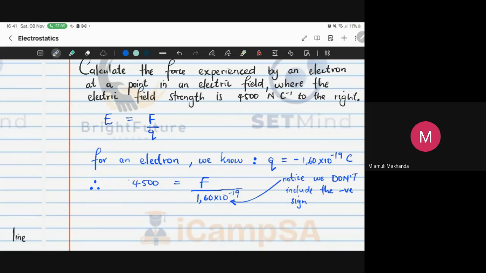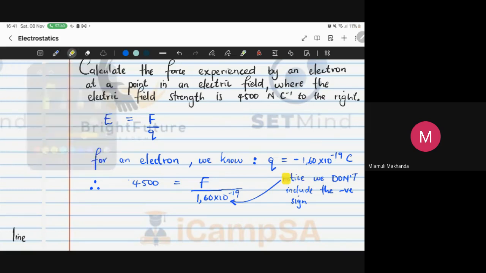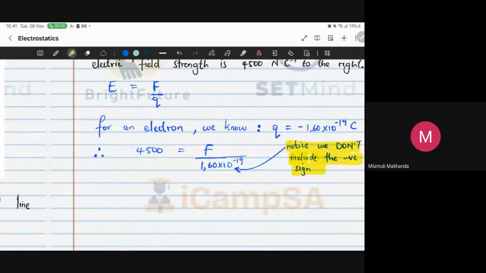We do not include the negative sign, even when we calculate the electrostatic force, right? So then from here, you can find what F is.